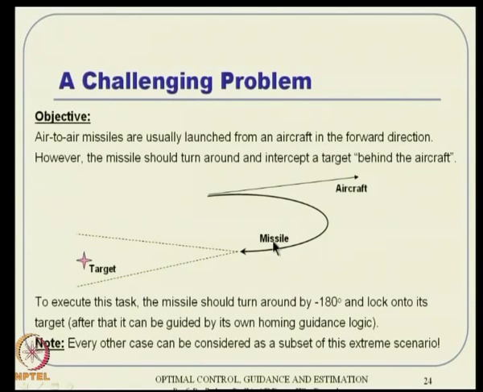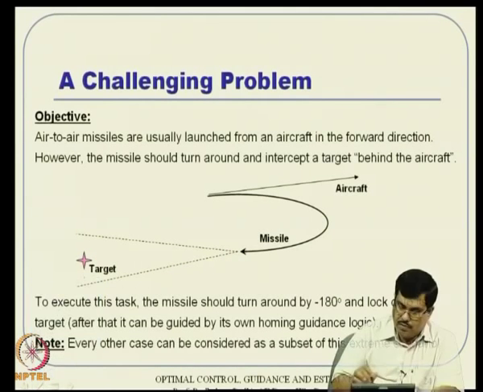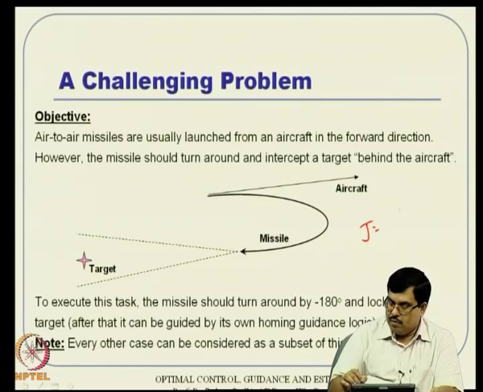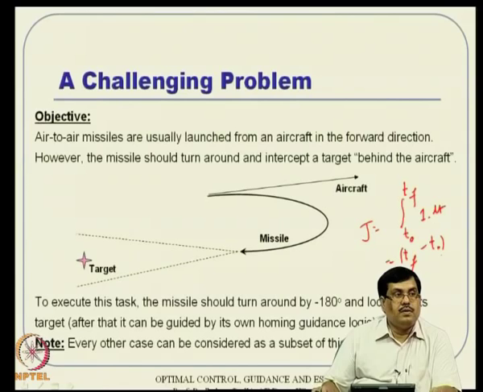We have seen that the corresponding cost function is J equal to the integral from T0 to TF of 1 dt, so TF minus T0 will become like that.